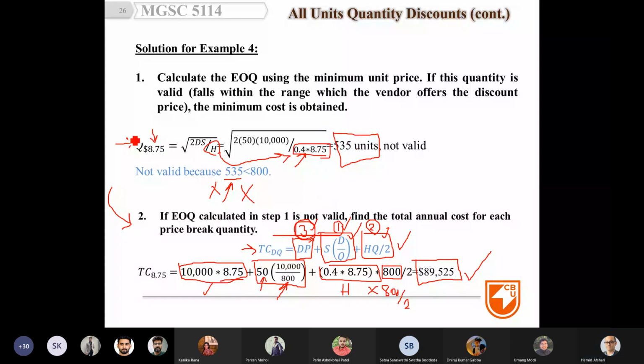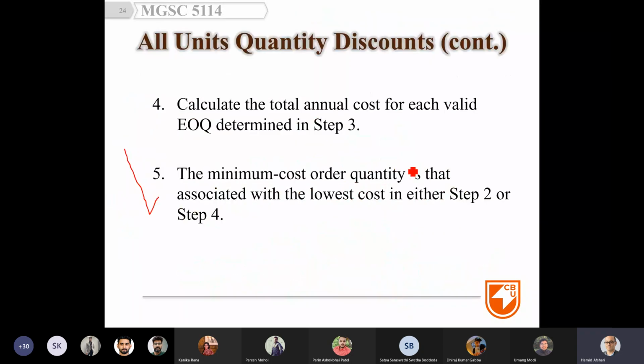So let's start from scratch. For the first discount level, or for the first step, we noticed that the economic order quantity is not valid. So can I say that Q star is 535? Yes or no? No. So it's not correct because it's not valid for the cheapest price.